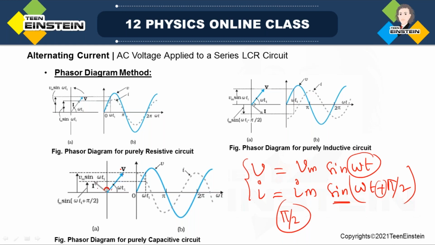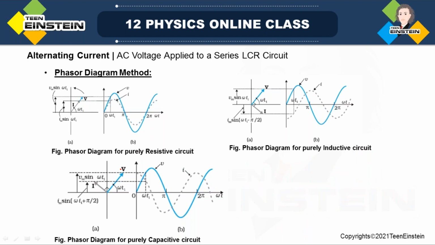These are a few things you need to learn. Now, by recapping, we have already understood how to draw the phasor diagram for individual circuit elements: this is for a purely resistive circuit, this is for a purely inductive circuit, and this is for a purely capacitive circuit.